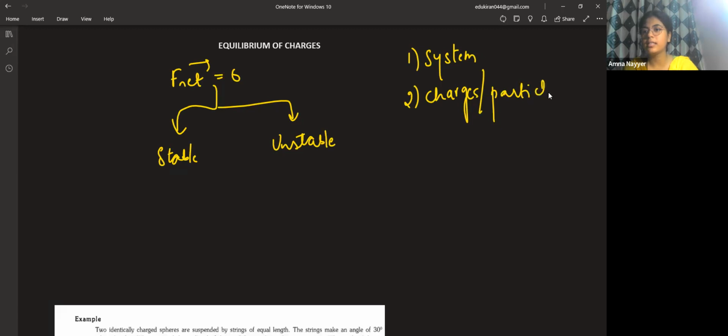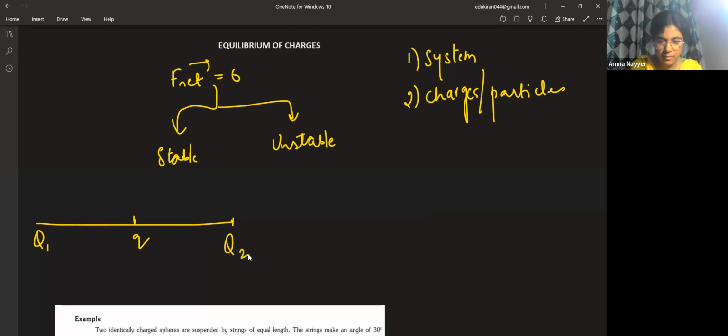When I say a particular charge is in stable equilibrium, suppose you have, let's say, Q1, here you have small q, here you have Q2. There are three charges present in your system, right? Three charges present means three particles are present in your system.